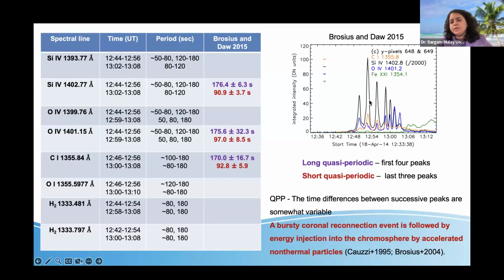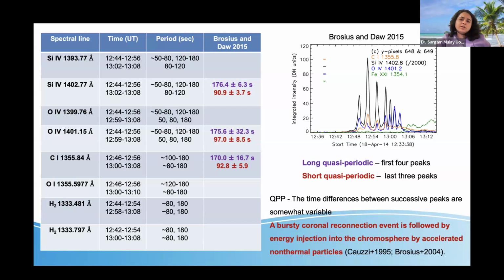These are the intensity images they have obtained in different lines. You can see that they have differentiated these pulsations into long quasi-periodic and short quasi-periodic. The first 4 are long quasi-periodic here, and the last 3 were short quasi-periodic.